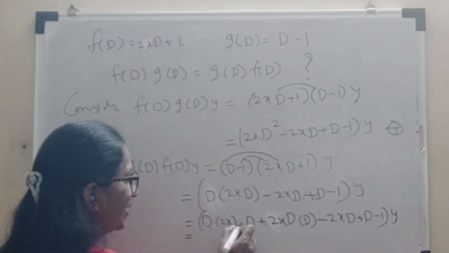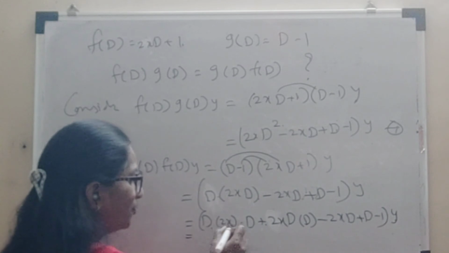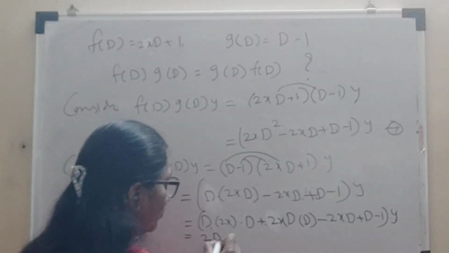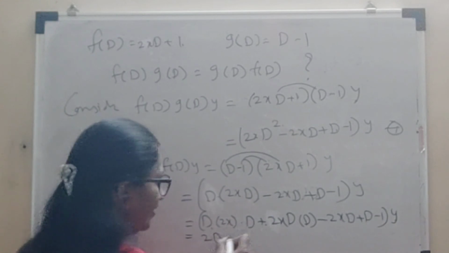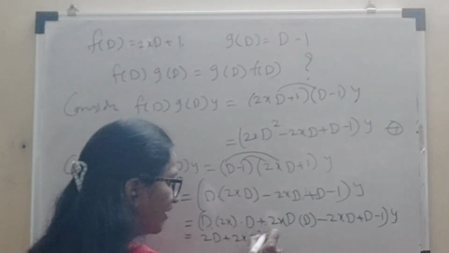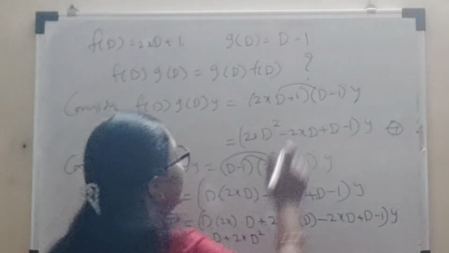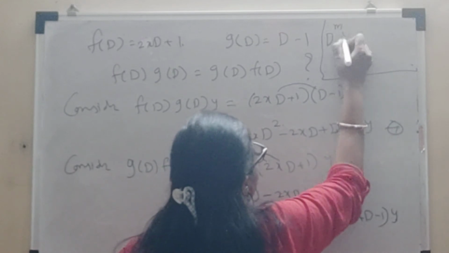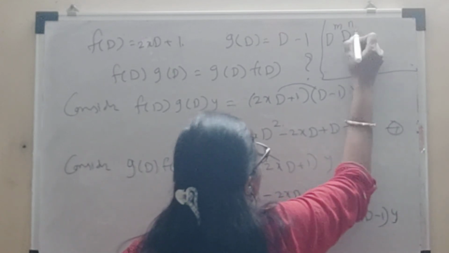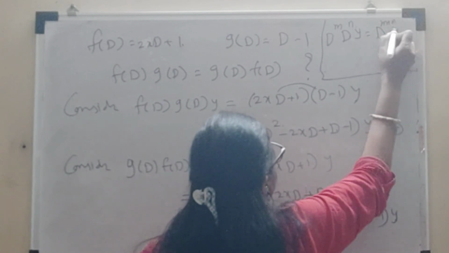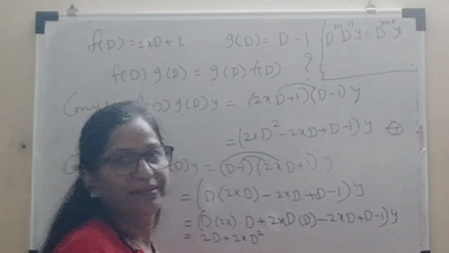Simplify it. So I will get here the derivative of 2x is just 2. So I will write here 2 into D as it is plus 2x, and D operates on D is nothing but D squared, because this operator D satisfies the property that D raised to m operates on D raised to n operates on y. That always gives us D raised to m plus n operates on y.